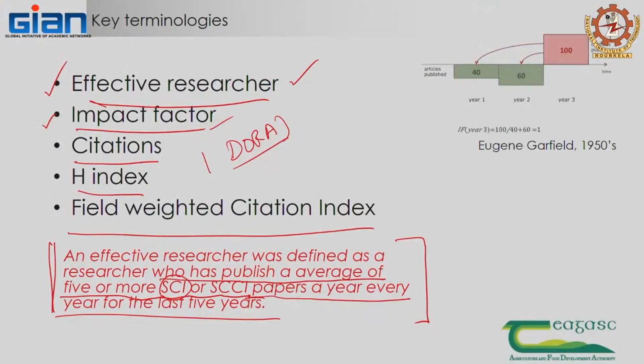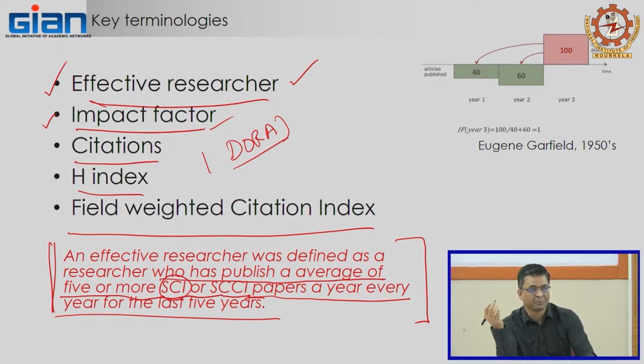The journal which is cited in the science citation index, that is Web of Science, where all the journals are there. Second one is impact factor. That is the number of papers a journal is publishing and the number of papers cited from the preceding years that creates the impact factor of a journal.